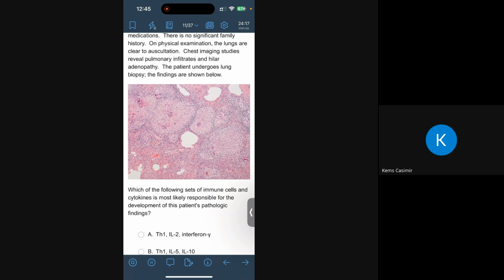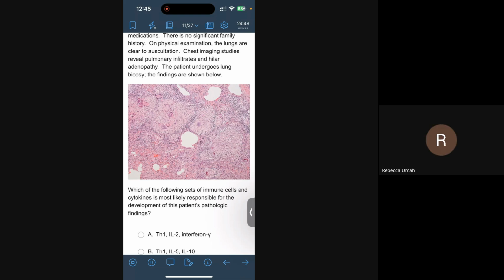So this is sarcoidosis. Which interleukin is involved in granuloma formation? Interleukin 12. What is the name of the test we use for TB detection?